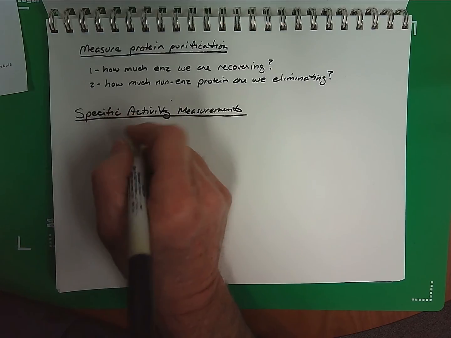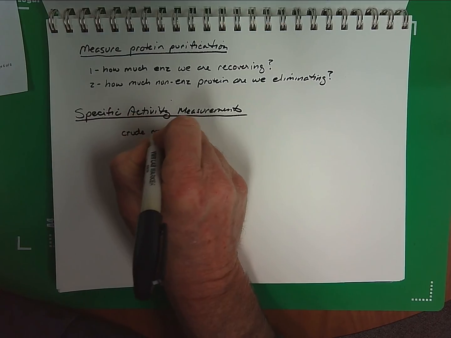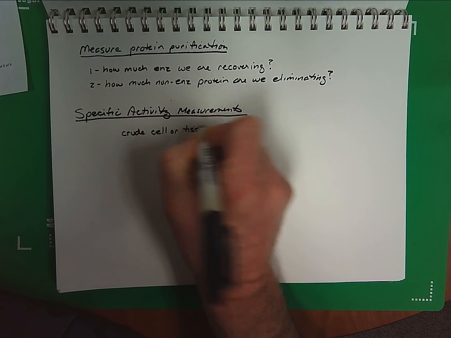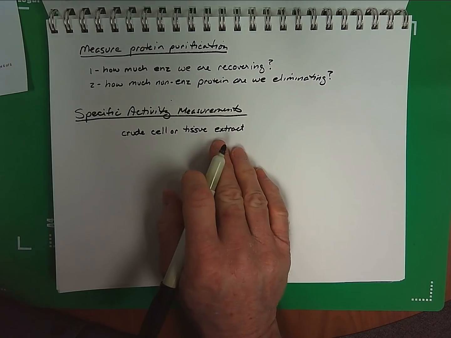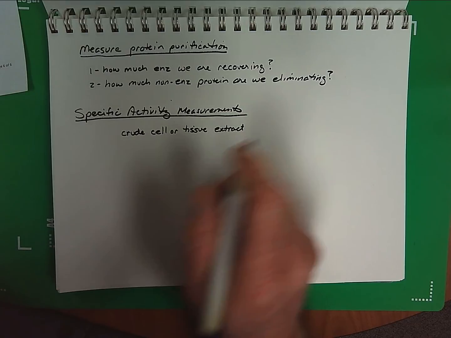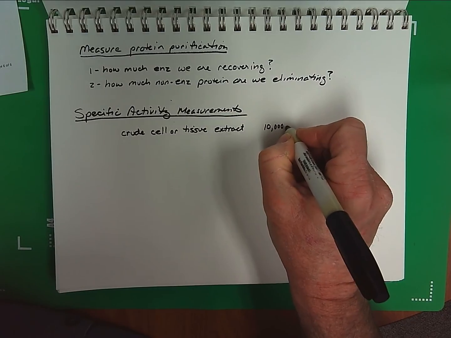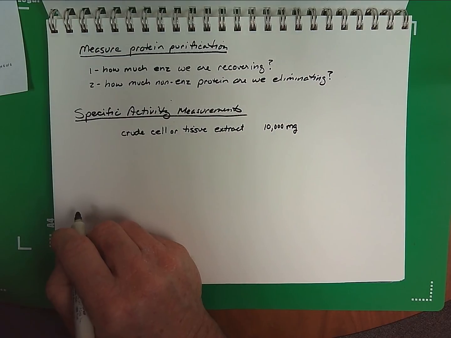So let's start out and say that we have a crude cell or tissue extract. So this is our starting material that we've obtained from sonication or detergent or shear force. And let's say we measure how much total protein is in there, and we are going to find there's 10,000 milligrams of total protein.